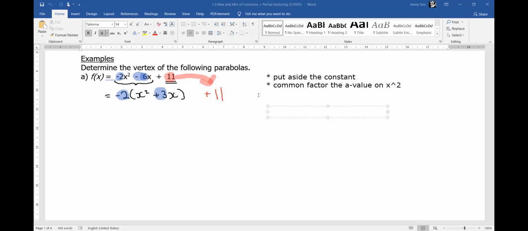Okay? Yes? Why didn't you factor -2x? Very good question. The whole goal of completing the square is this. I'm just going to do it here. The whole goal of me doing all of this is to turn it into a perfect square, like here.